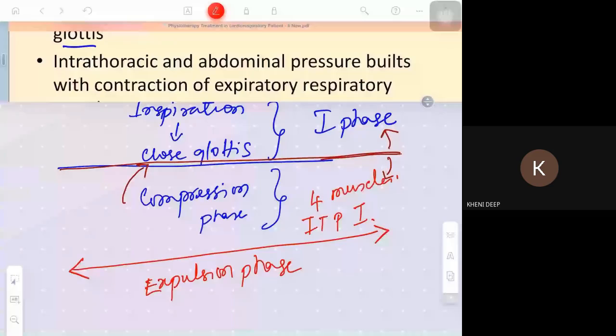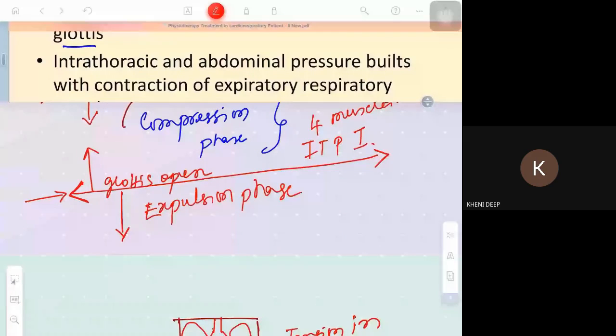This line is where the glottis opens. Clear? When the glottis is closed, compression starts. When the glottis is open, the compression phase terminates. Now the expulsion phase starts.